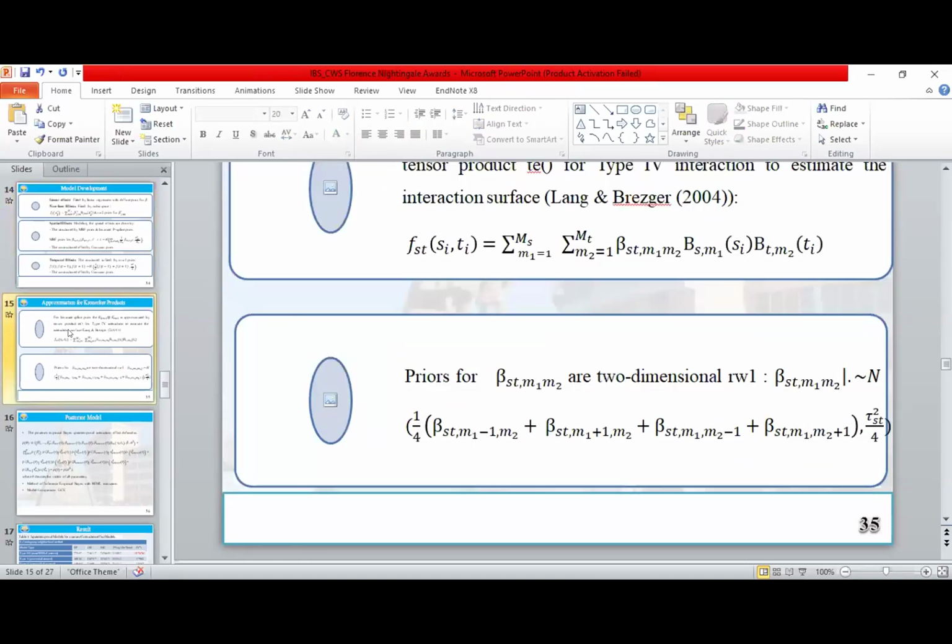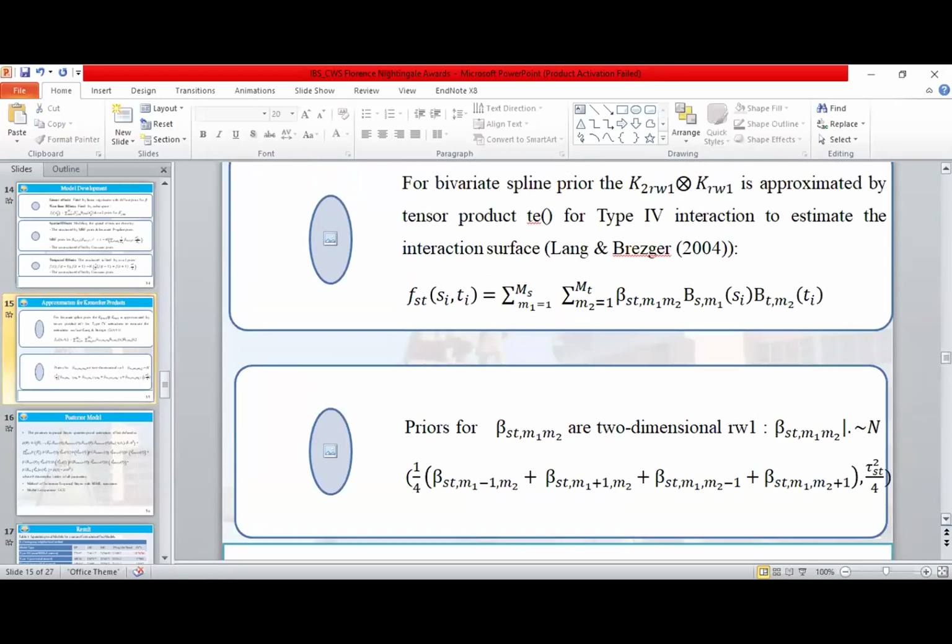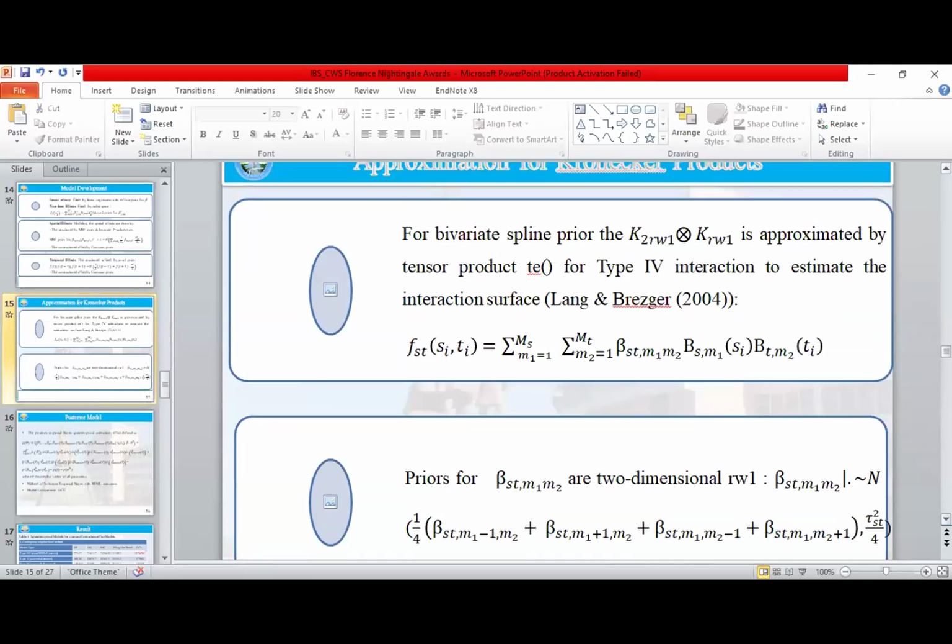But in the case of the spatial matrix, when we have the spatial matrix given with longitude and latitude, the spatial weight matrix is estimated using the Euclidean distance. In that case, we should estimate the surface. Therefore, the Kronecker product has difficulty in estimating this surface. So we approximate the Kronecker product using the tensor product.